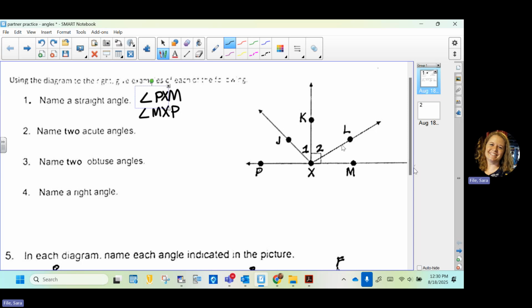It's not like the corner of a room or a corner of a square. So that is an acute angle. So that's only one of many. That same angle could be named backwards, MXL. So LXM or MXL, that's one. And I'll color code over here while we do this. So LXM.